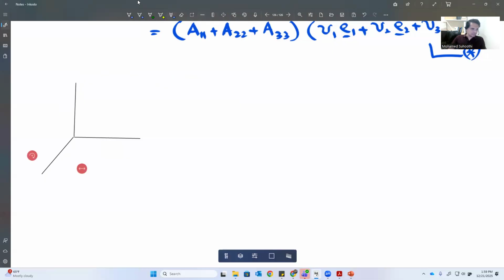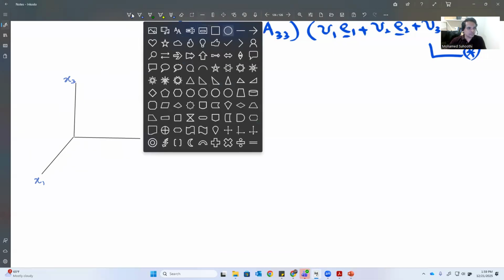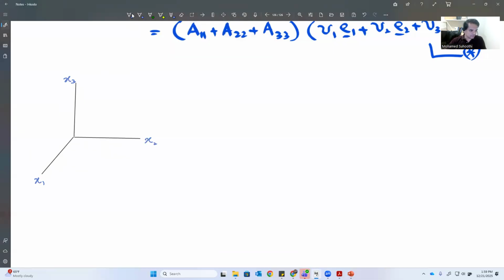So now let's say this is our x1, x2, and x3. Now let's take a vector from here. So this is our vector.